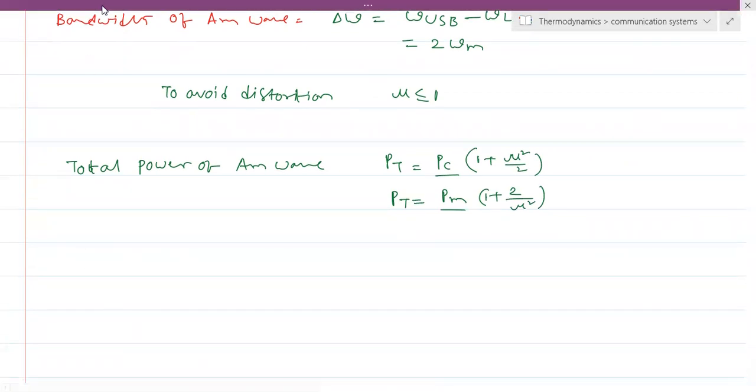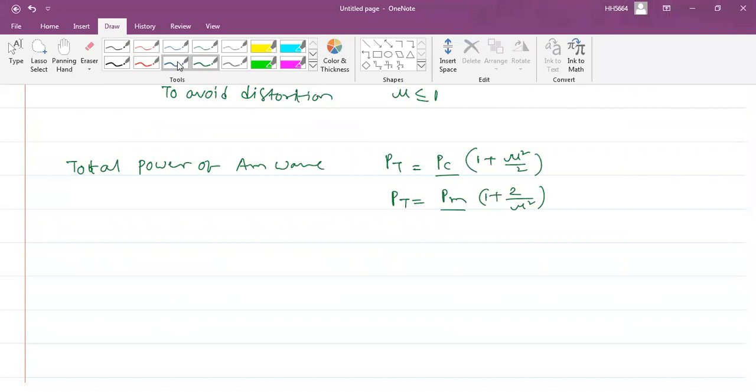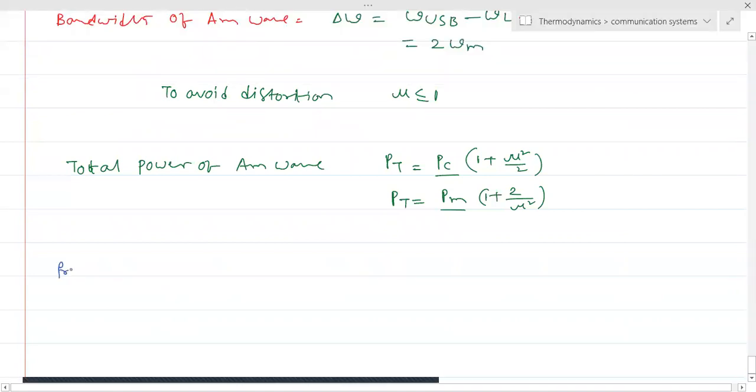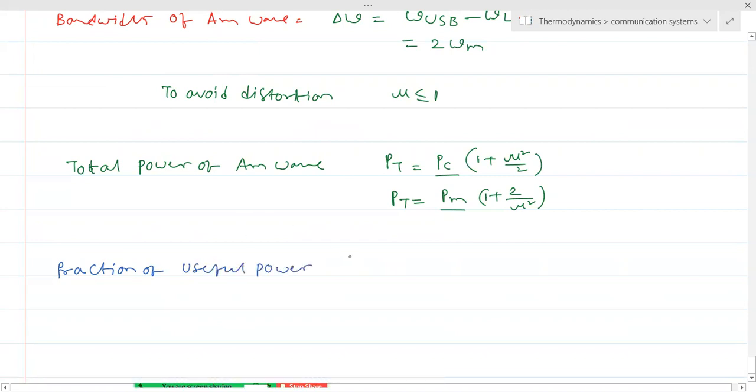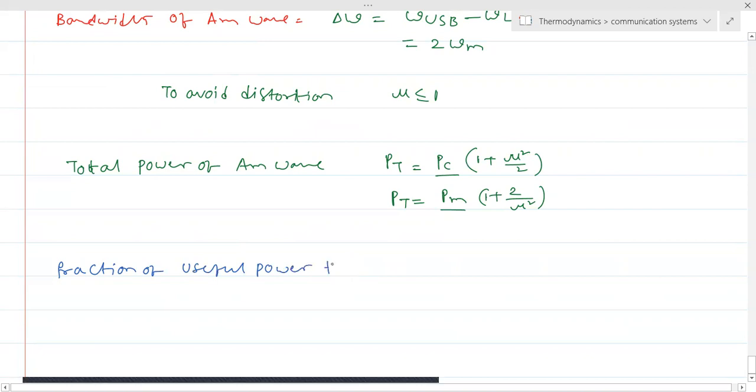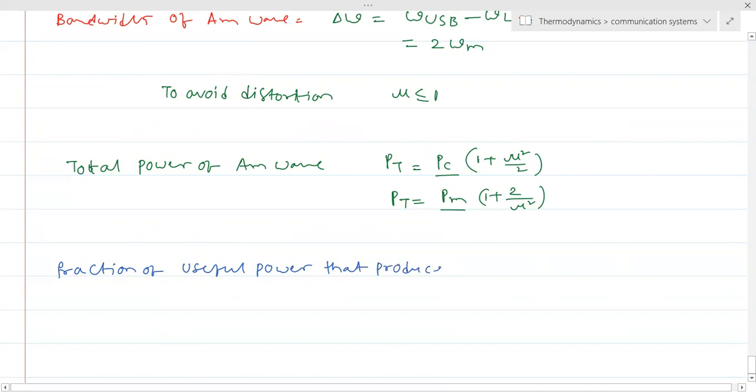So next we have been speaking about the fraction of useful power that is produced. Useful power means we need the signal actually.